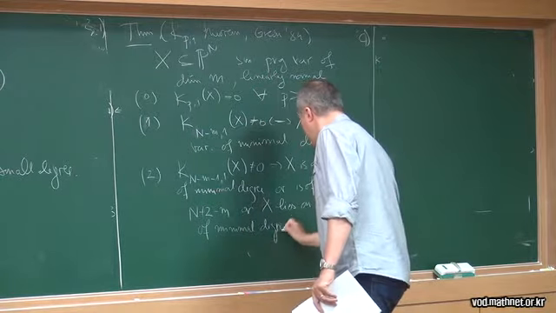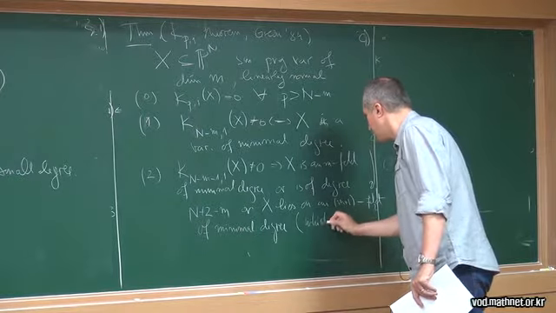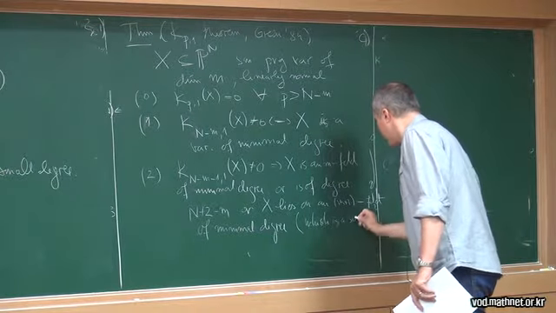And this n plus 1 fold of minimal degree is a syzygy scheme.